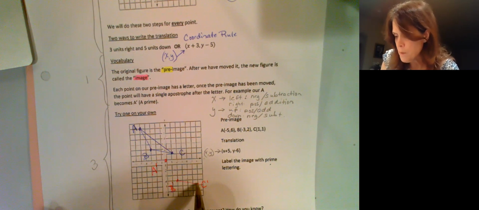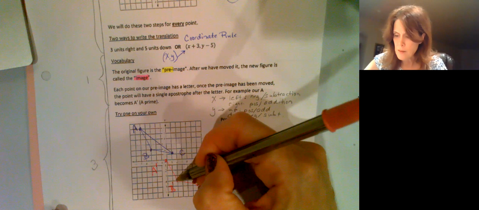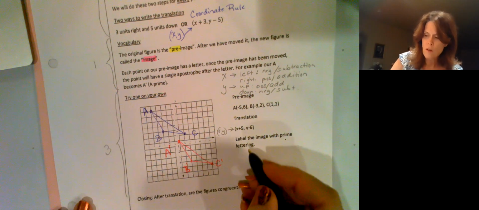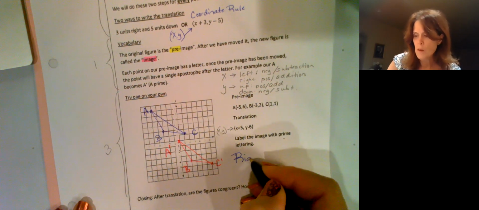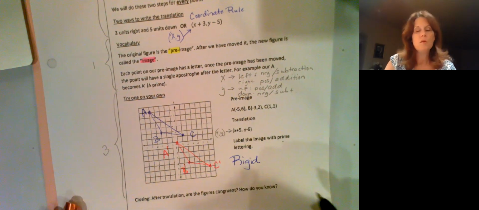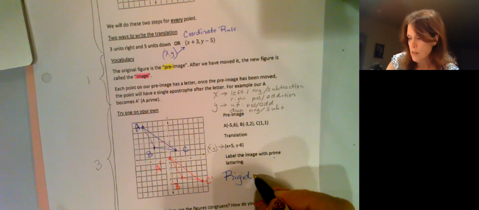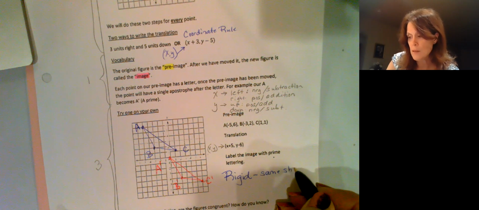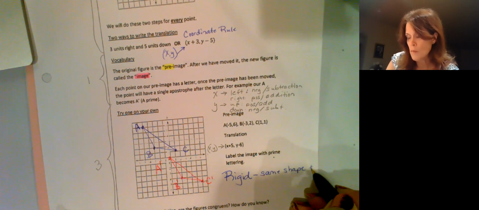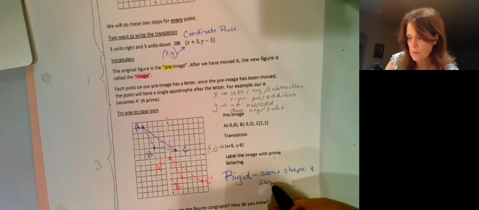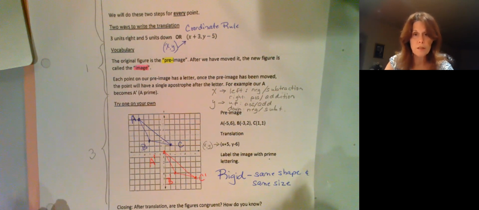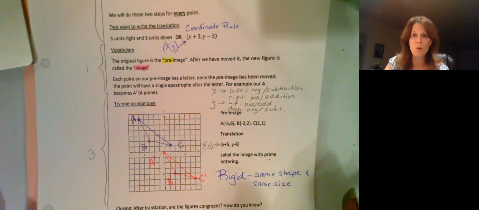A couple things to know about this: these are called rigid transformations. That just means it's going to have the same shape and the same size after the transformation. It's not going to get bigger or smaller. It's just going to be moved.